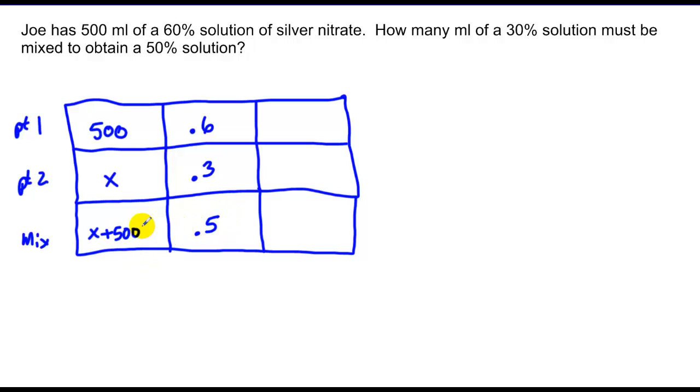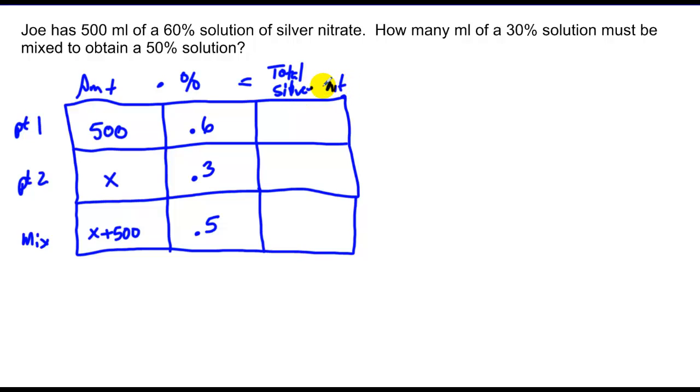And let's just say I had 100 gallons of 50% solution of silver nitrate. Then in that 100 gallons, I'd have 50 gallons of silver nitrate. In other words, I just multiply the two together. So we take the amount, the percent, multiply together, and get the total silver nitrate.